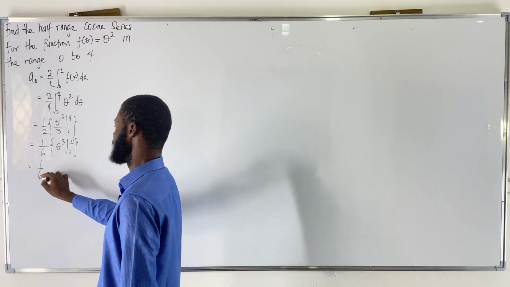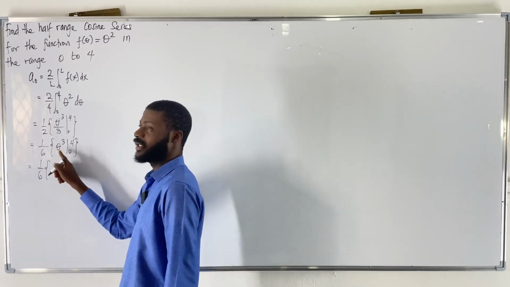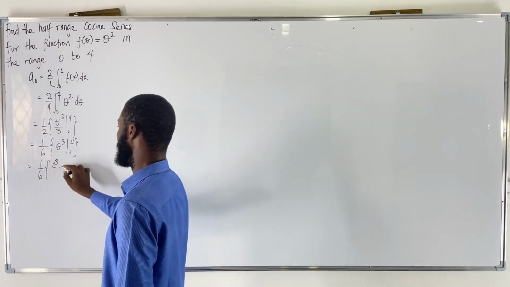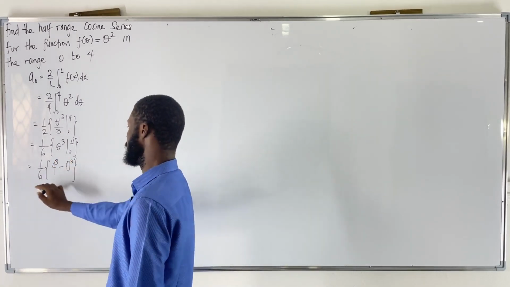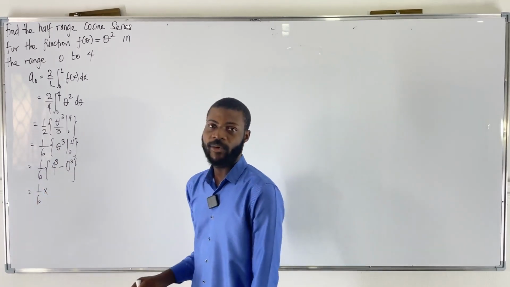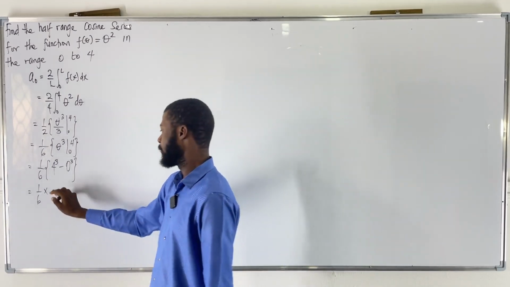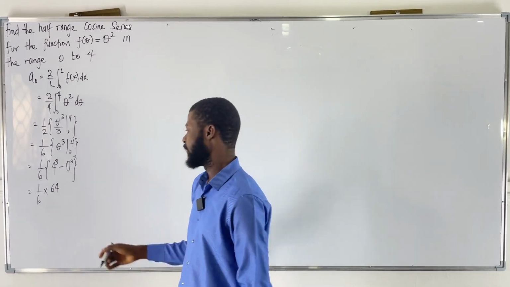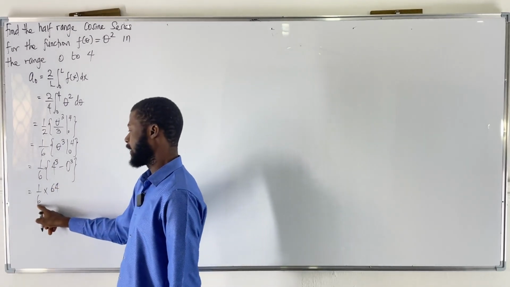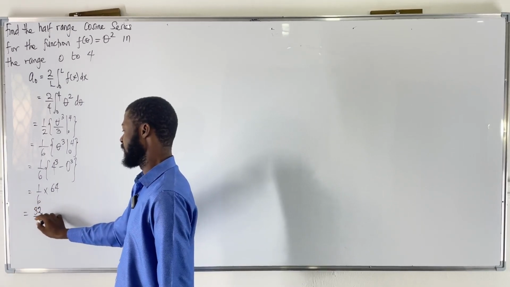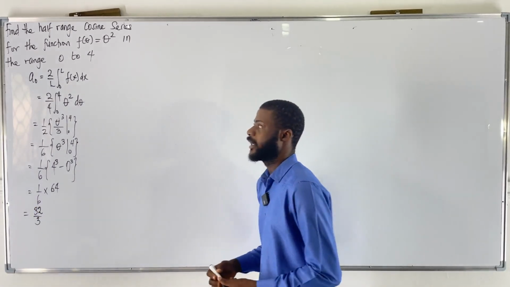Now, anywhere we see theta, we're going to call it 4. So this becomes 4 cubed minus 0 cubed. So this is 1 over 6 times 4 cubed, which is 64. Now the 0 cubed is nonsense, so it's gone. Now 64 divided by 6 we could reduce to 32 over 3. So that becomes our a naught.